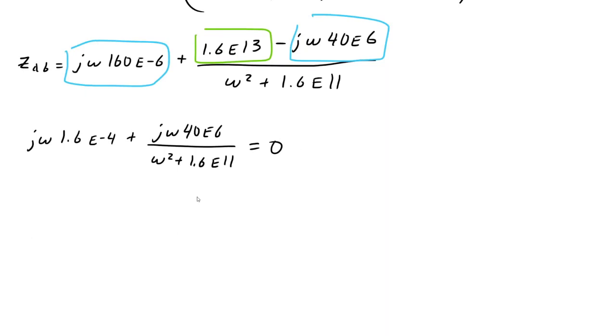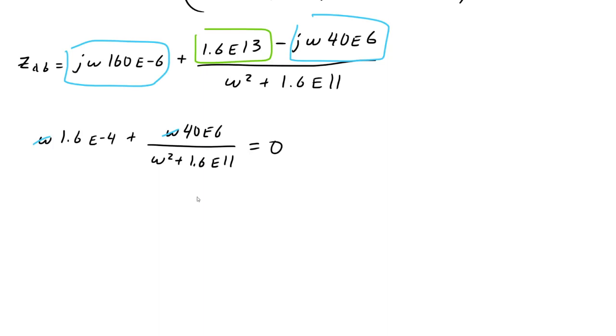So let's think. We don't really care about the J anymore, because we're worried about frequency, and J is the imaginary thing. So we're just thinking about frequency. Well, we got omega here and omega here, so cancel these out.